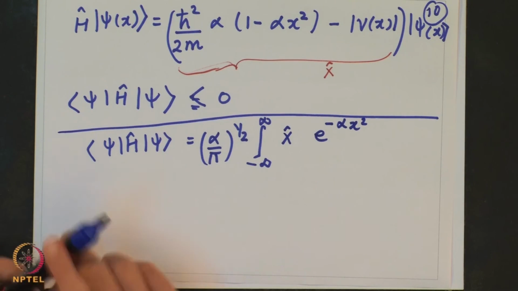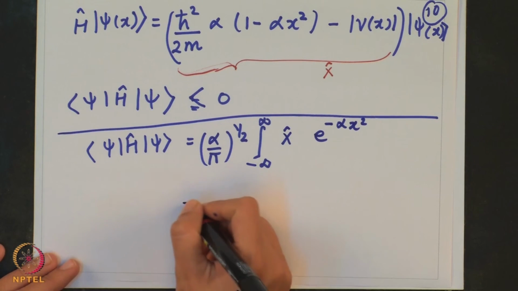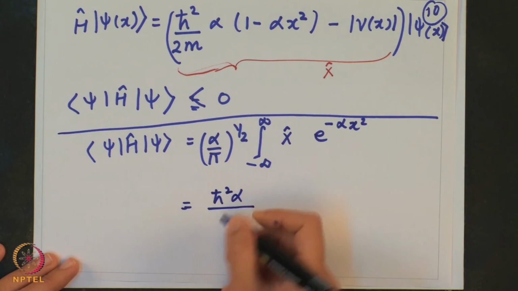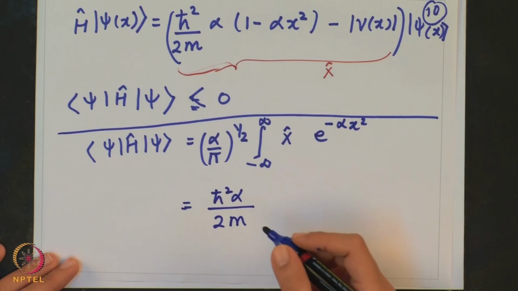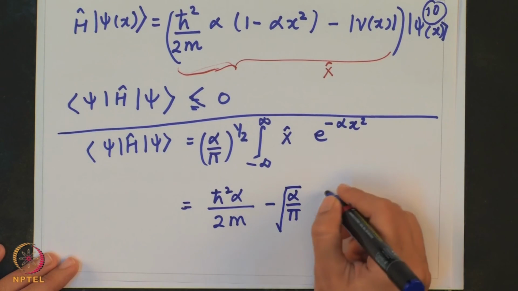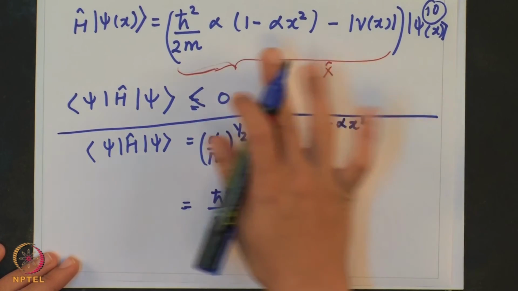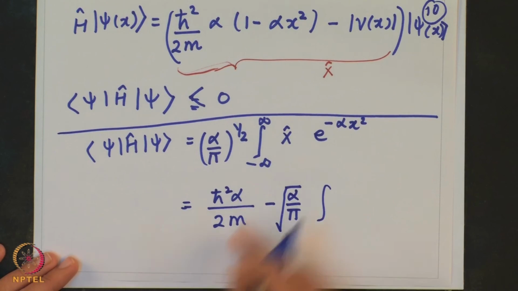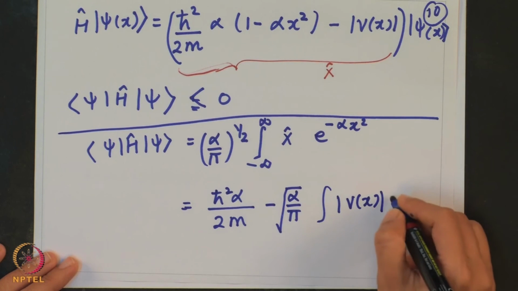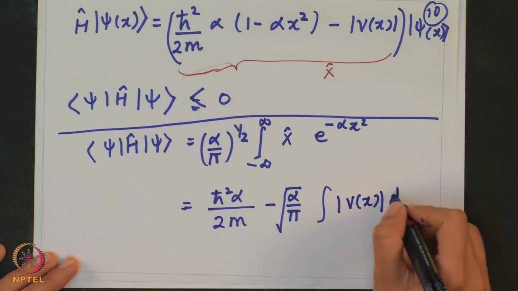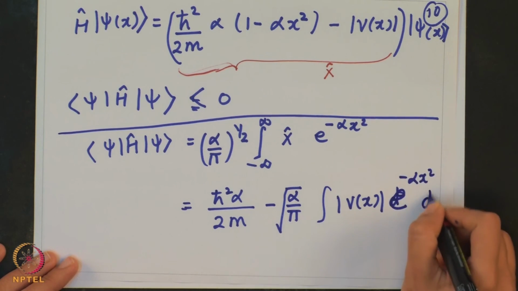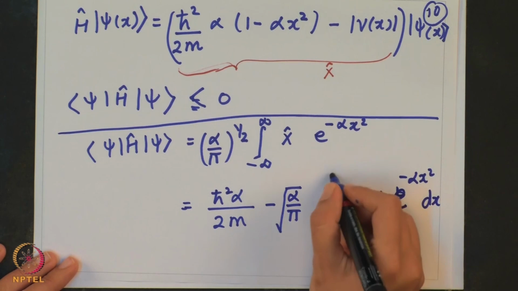Once you perform the integration, you obtain this expression upon 2m, which we picked up from there, times alpha upon pi. You will have two parts in this integral. The first part I have written the final solution for; the second part is your potential part, the integral of V of x times exponential minus alpha x square dx from minus infinity to infinity.